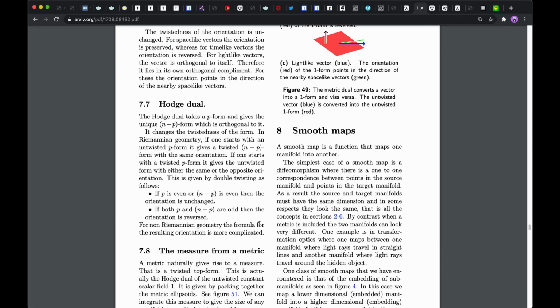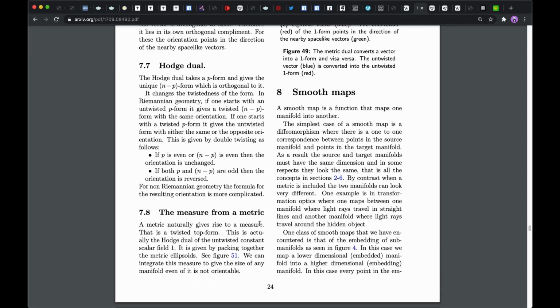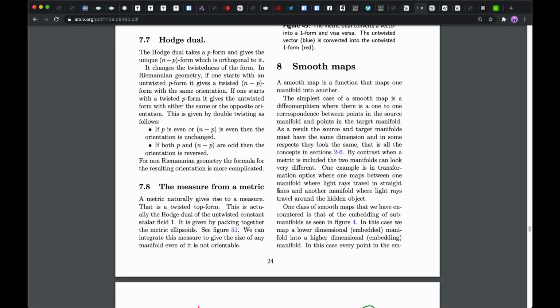And the last theme for that chapter is about how to generate the measure from a metric. Basically, as far as I understand, using the metric we can measure length, right?